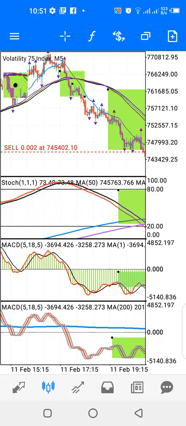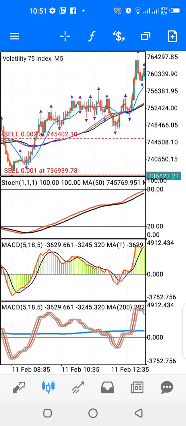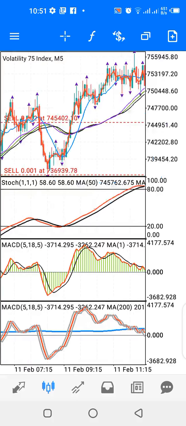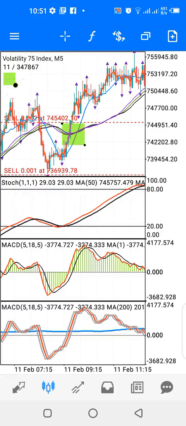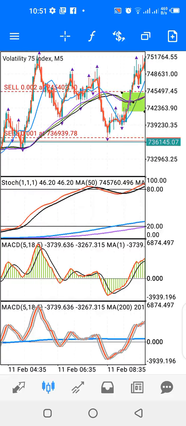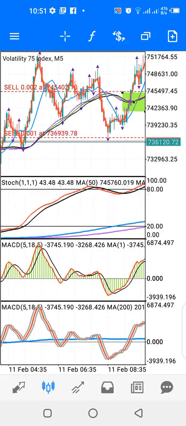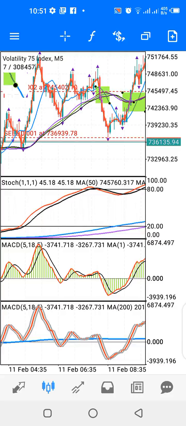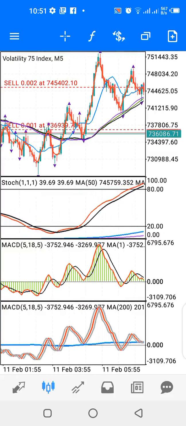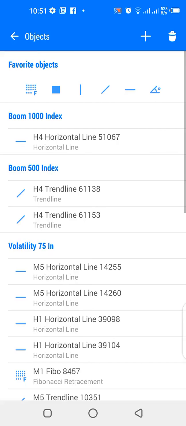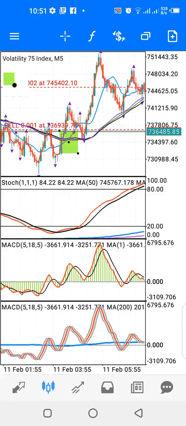When the red and the blue cross down, I have a sell signal, and when it crosses up, like a cross up around here, I have my buy signal. When it crosses down on the three other lines, I have my sell signal. When it crosses up, like I have around here, I have my buy signal.